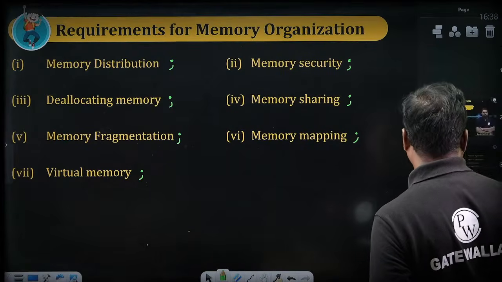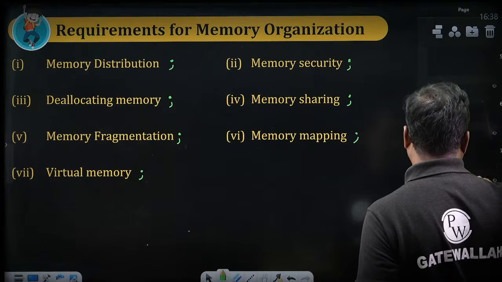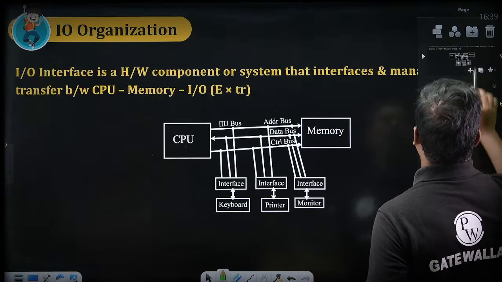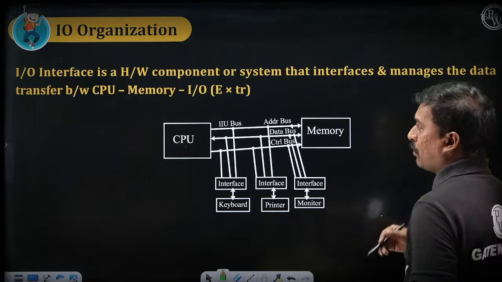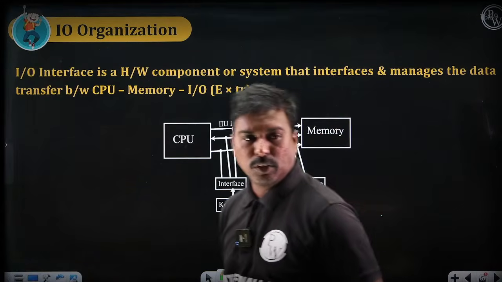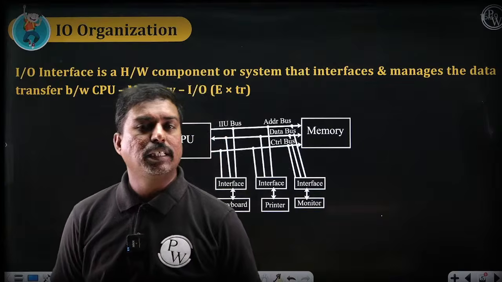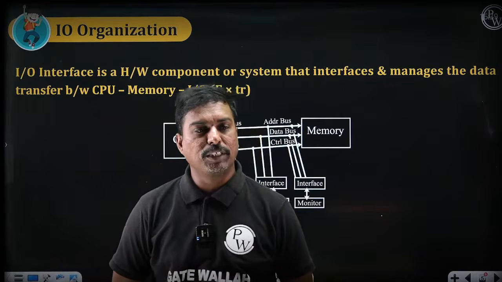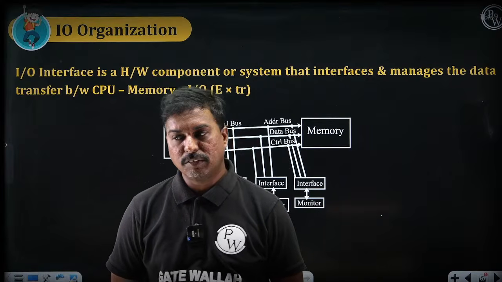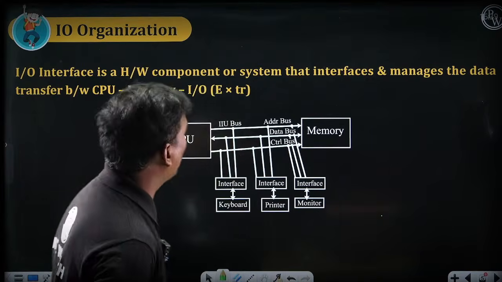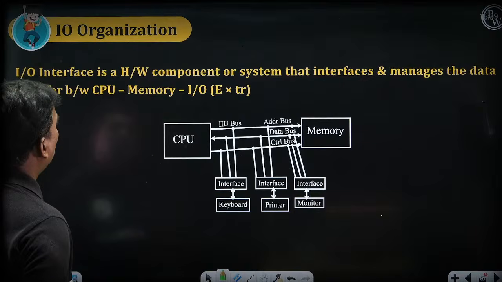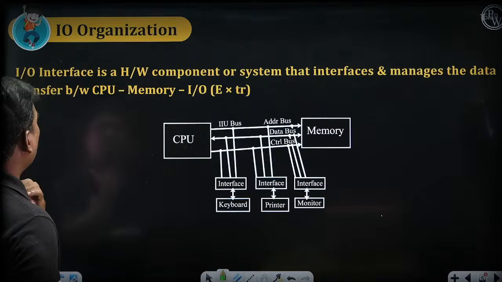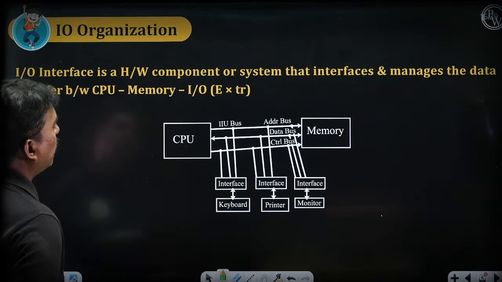Now let us see how they will work. Similarly, how about IO organization? What are the different types of IO organization? In COA, it is basically all about the functionality and how the interconnectivity takes place between the devices. IO interface is a hardware component or system that interfaces and manages the data transfer between CPU, memory, and IO.